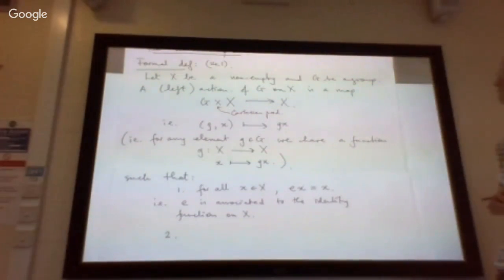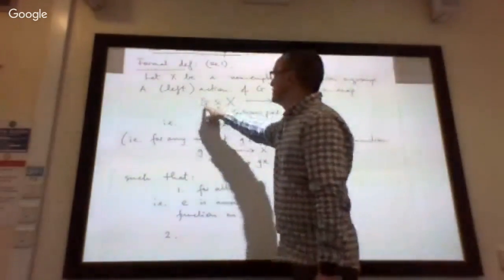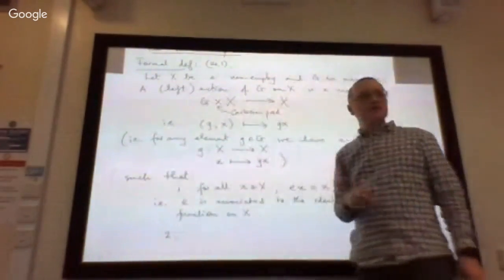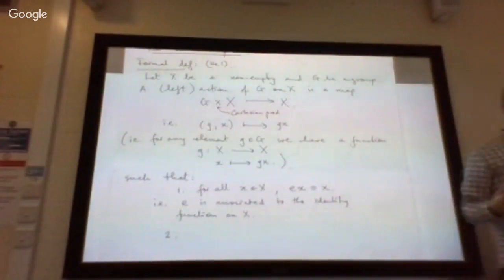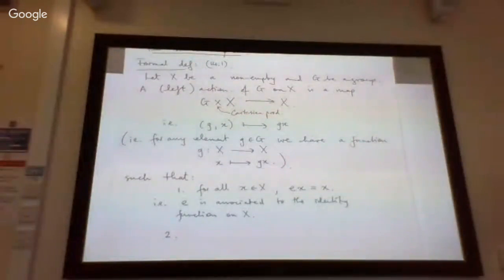And then the second property relates to really the fundamental idea of what's going on in the group, and that's the group action. So you think about it here that you imagine you have two elements from the group, say G1 and G2.